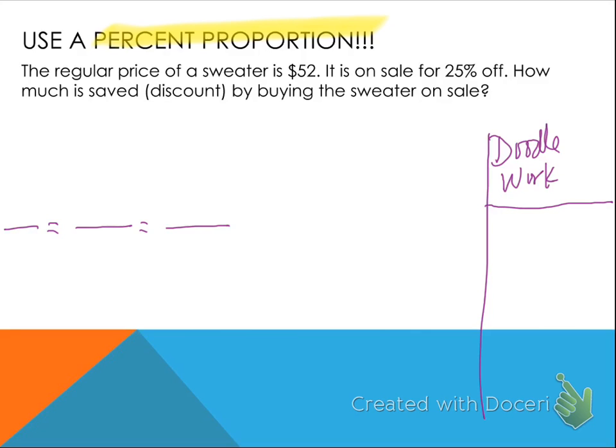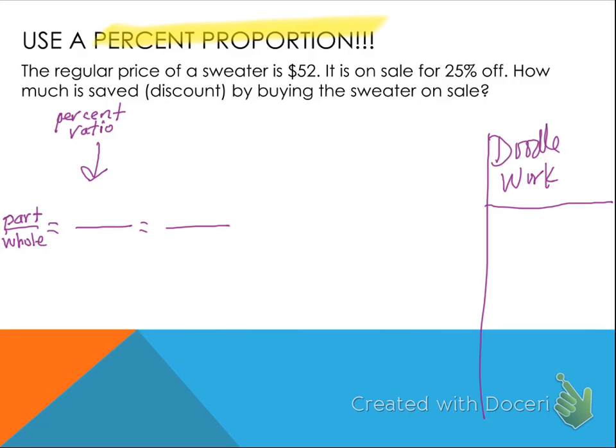And with the percent proportion, we're always comparing part to whole. So your labeling ratio is actually always the same. We're comparing the part of something to the whole of something. This second ratio is our percent ratio every single time.